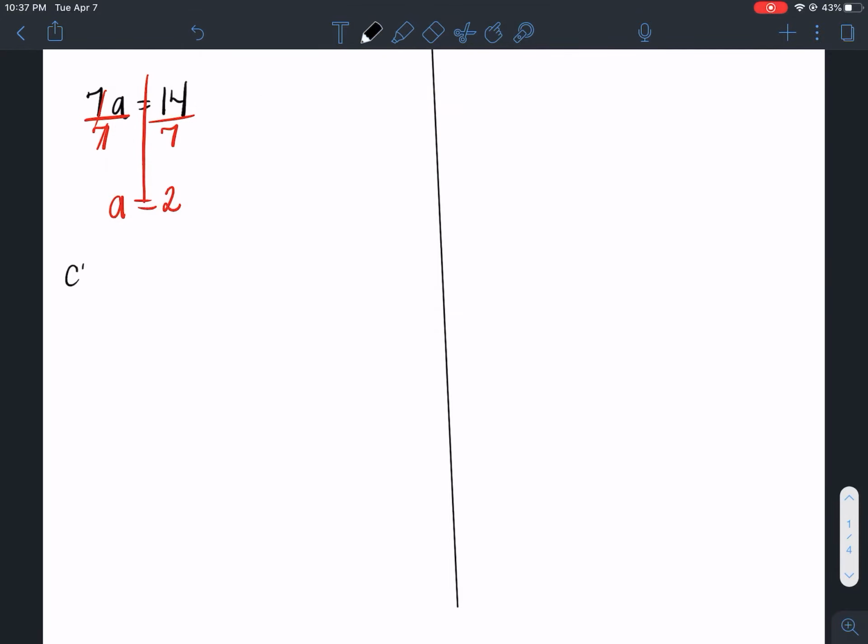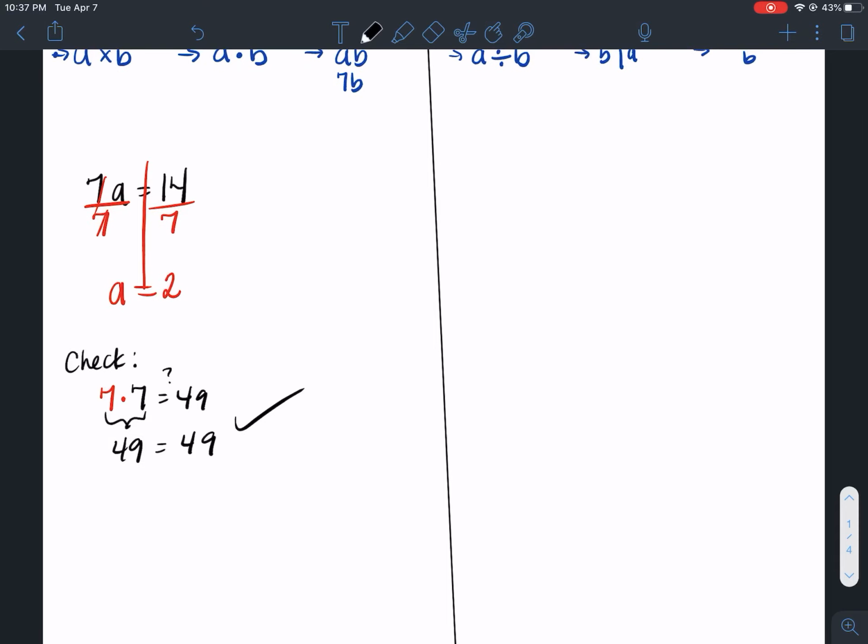Just like yesterday, I'm going to check my work. Is it true that 7 times 2 gives me 14? Yes, I know from my multiplication chart that it does. 14 equals 14, so that's correct.